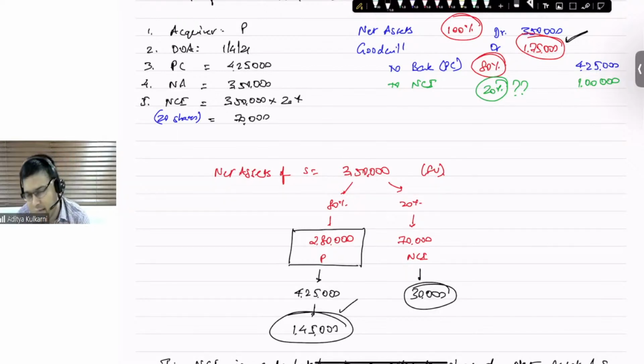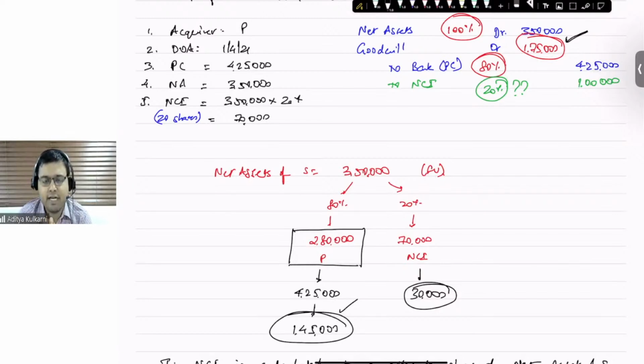So now coming back to the discussion on goodwill, in sum total, what is it? When I record the NCI at proportionate share of net assets, the goodwill is attributable only to the parent. We call this partial goodwill.